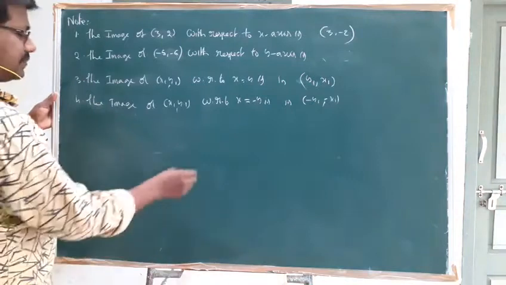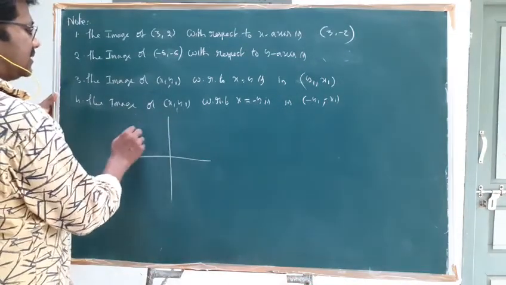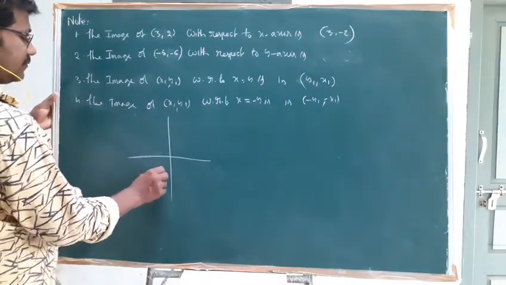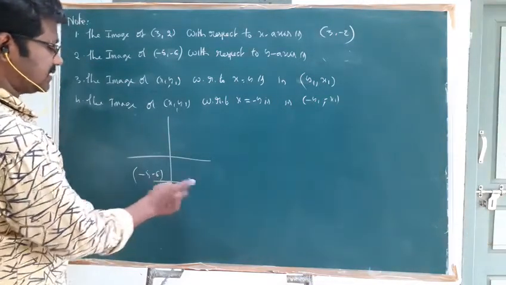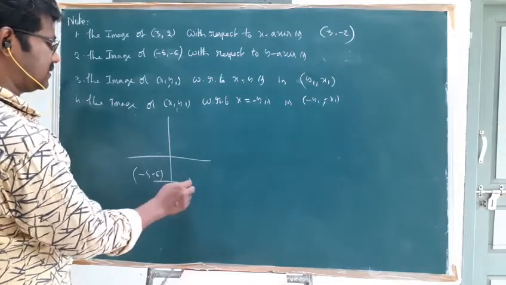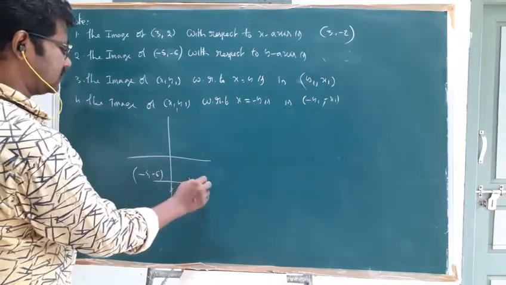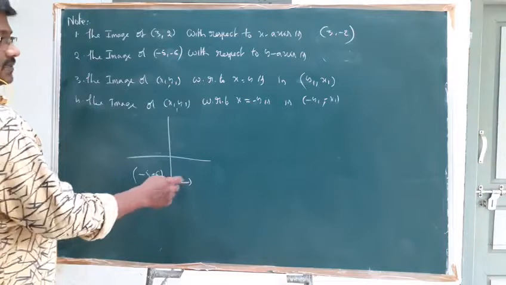Next, for example, the image of minus 5 comma minus 6 with respect to y axis. This is the y axis now. What is the image with respect to y axis? The x value changes.